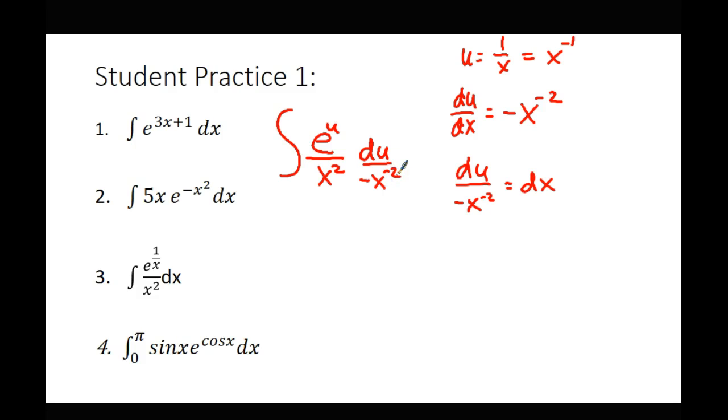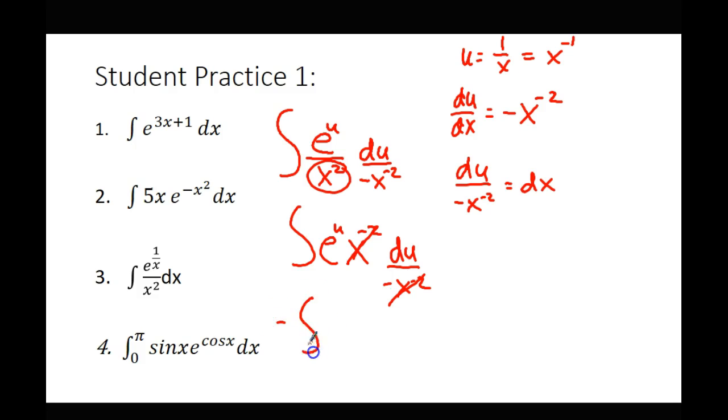Now, let's bring this to the top. If I bring that to the top, what's it become? x to the negative 2, right? And you see how those cancel now? But that negative's left.